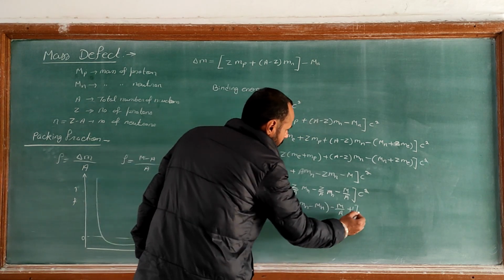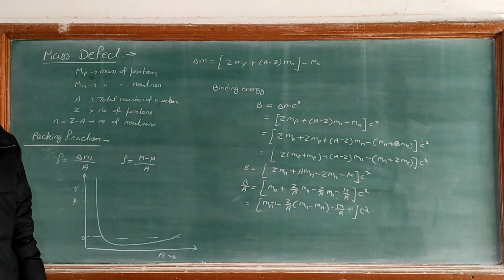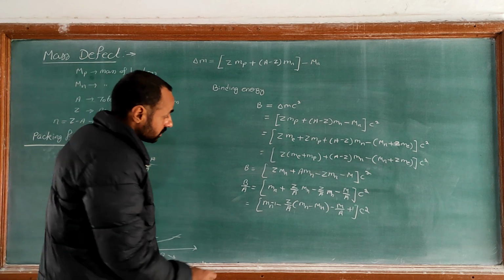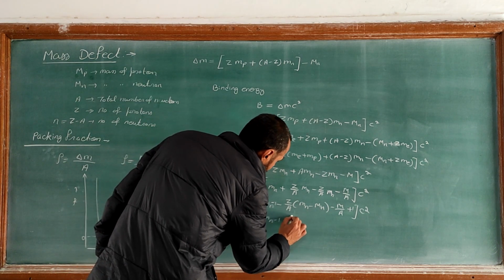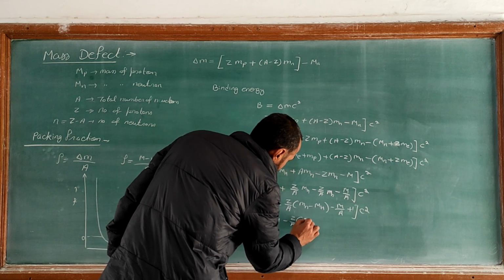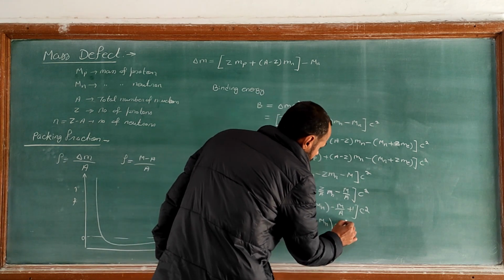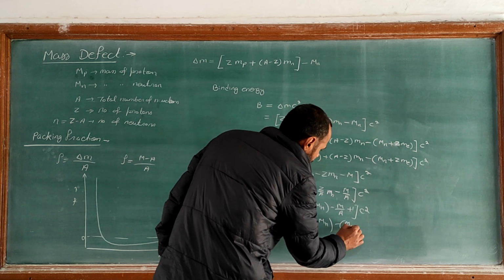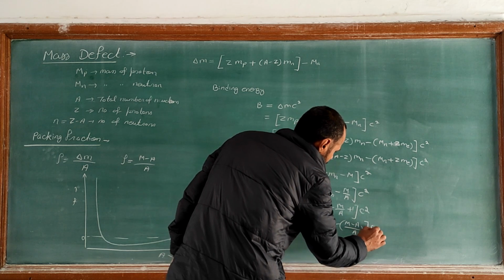We have added and subtracted 1 on the right hand side. So we have Mn minus 1 minus Z by A (Mn minus MH), minus common, (M minus A) upon A into c squared.